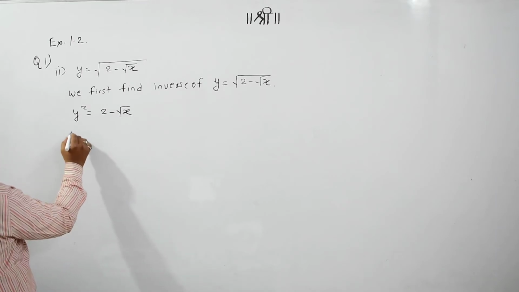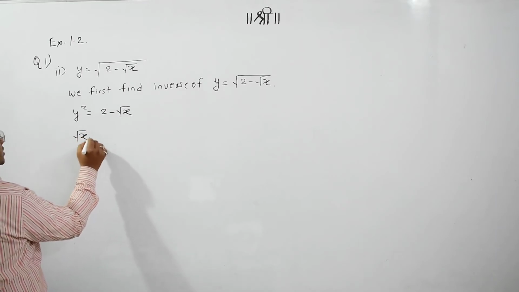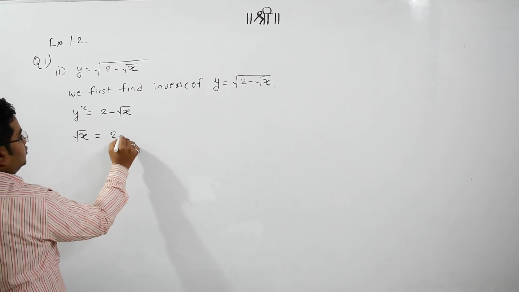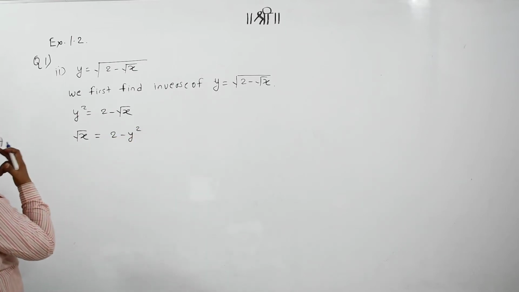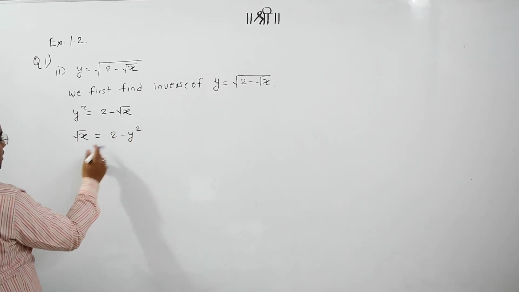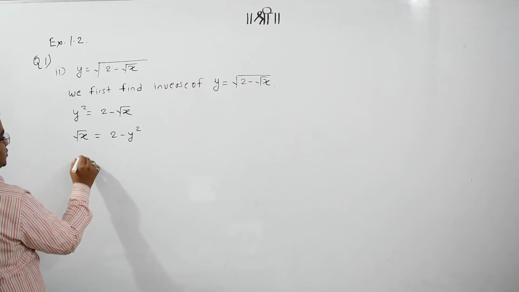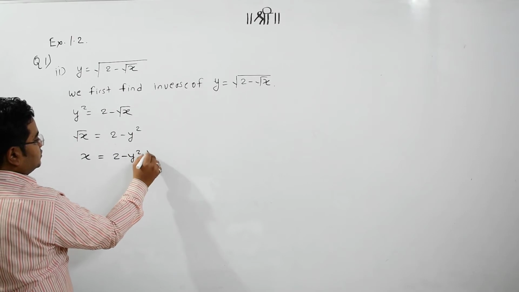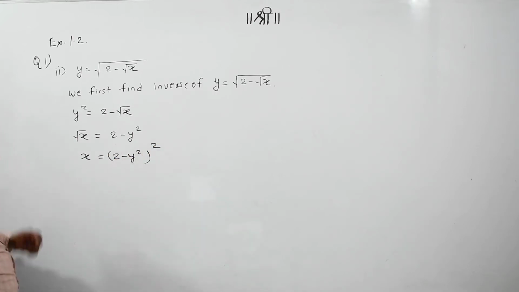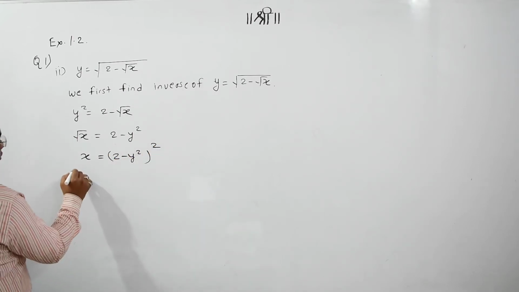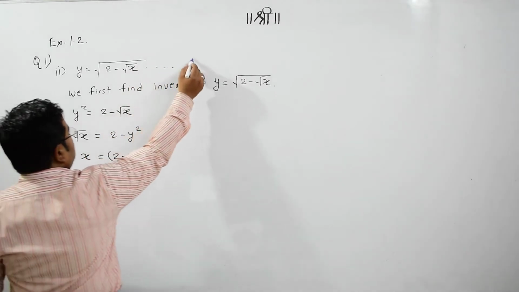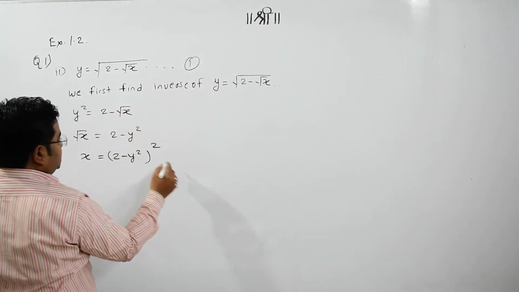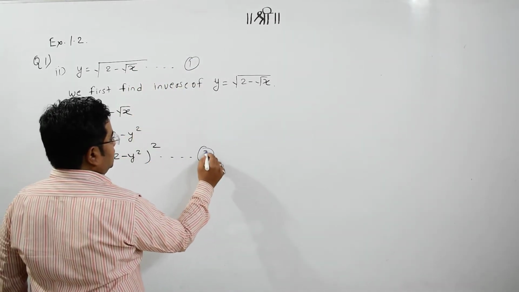Now under root of x is equal to 2 minus y square. There should not be any difficulty here. Again squaring both sides, you get x is equal to 2 minus y square, whole square. This is equation number 1. Now next step, this is equation number 2.